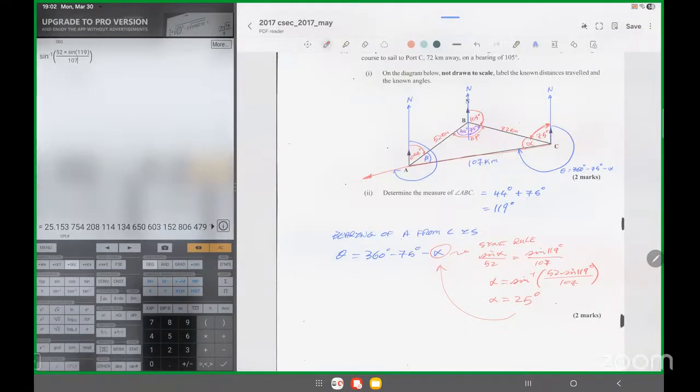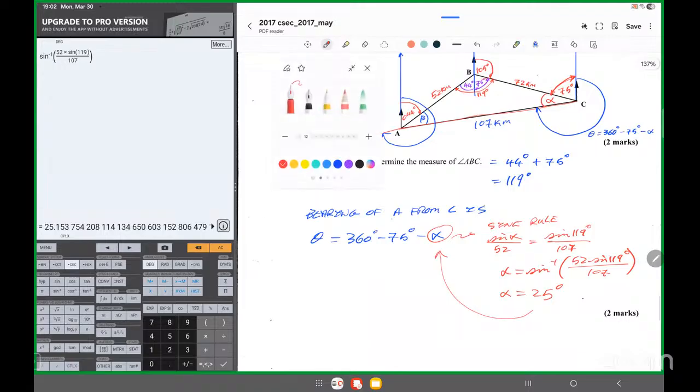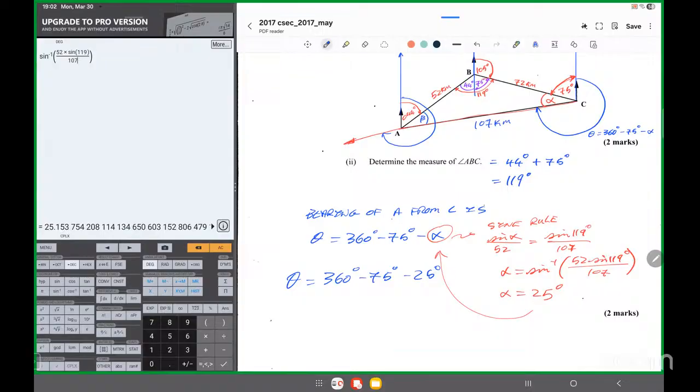You're going to get the 260 that they said. Theta equals 360 minus 75 minus 25. 75 and 25 is 100, so theta becomes 260 degrees. That's one way to do it.